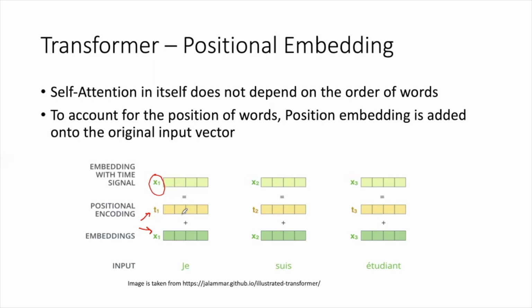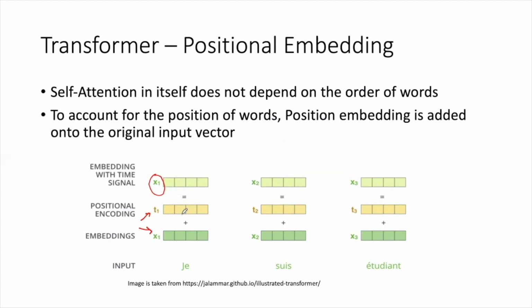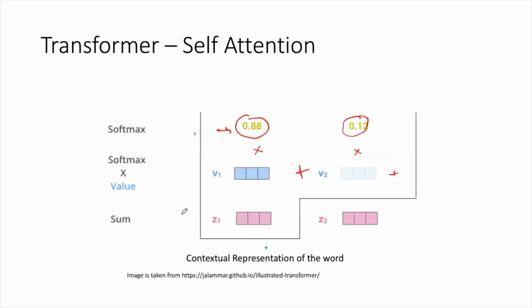They have their own advantages and disadvantages. So this covers the encoder portion. We saw how exactly self-attention is calculated and how the contextual representation is generated.